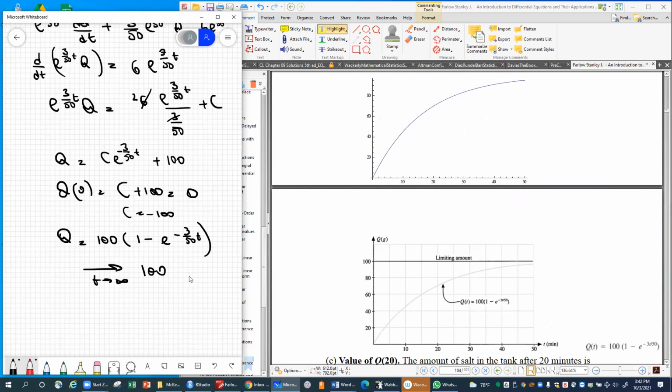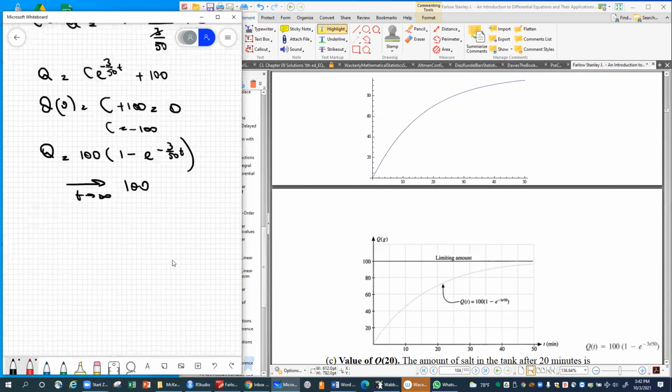In fact, for this type of equation, dQ/dt = 6 - (3/50)Q, we could have figured out the behavior, not analytically, but qualitatively, right?